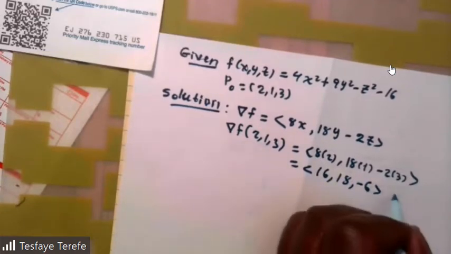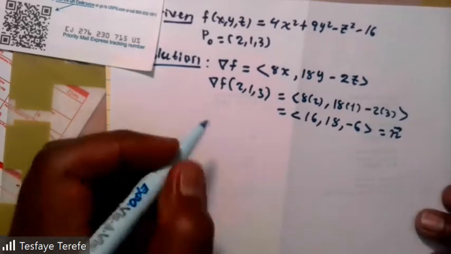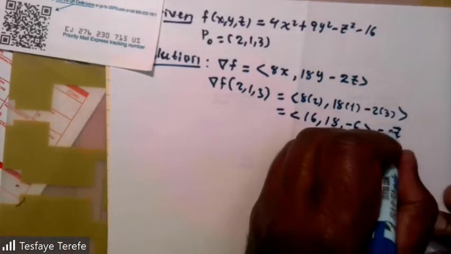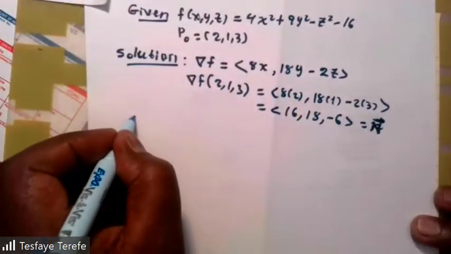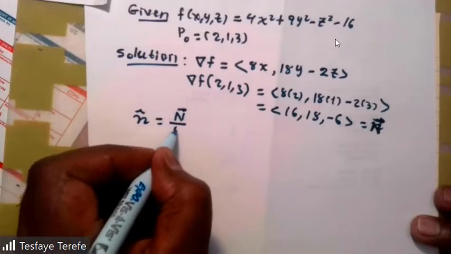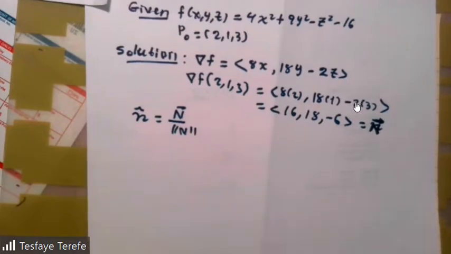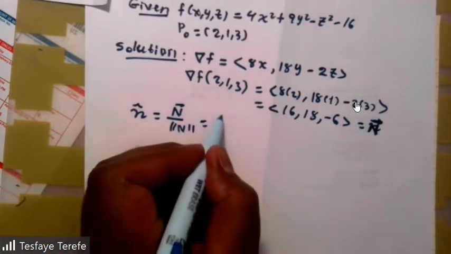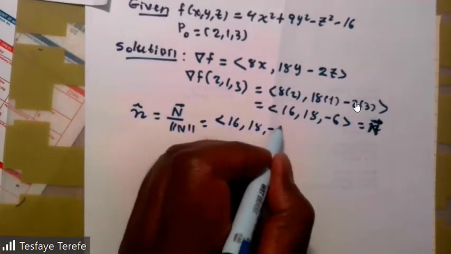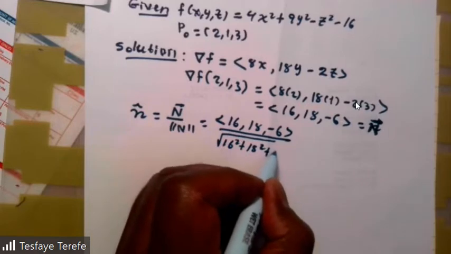So, as you see, this is a normal vector, and let me make it capital N. Since we are asked to find the unit normal, the unit normal n, usually written with a hat, is the vector N divided by the norm of vector N. So this is going to be (16, 18, negative 6) over the square root of 16 squared plus 18 squared plus negative 6 squared.